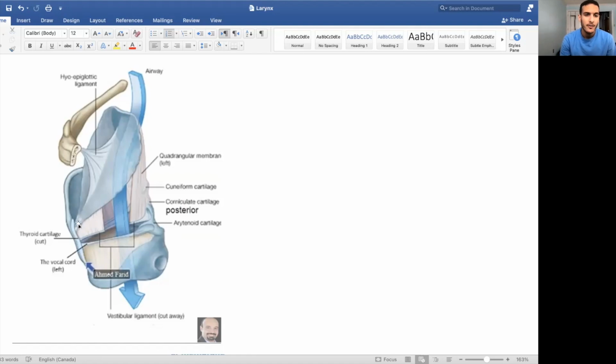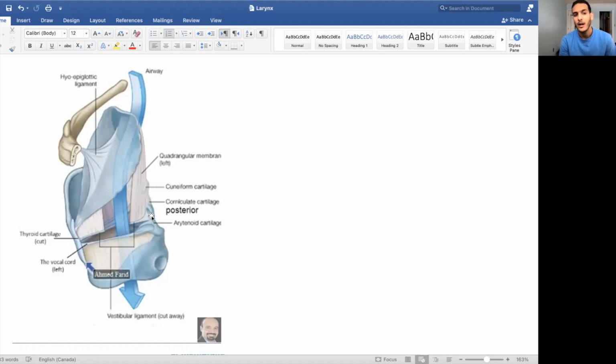So here we have the part of the membrane that is attached to the epiglottis. Then we have the part that is attached to the arytenoid cartilage. Then we have the part that is the false vocal cord that is between the arytenoid cartilage and the inner aspect of the thyroid cartilage.